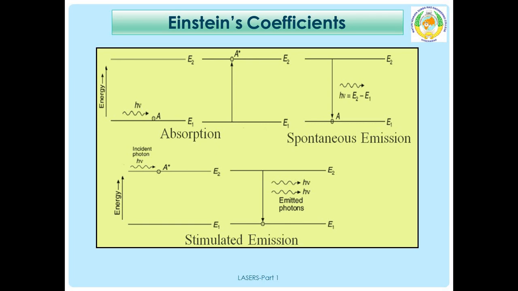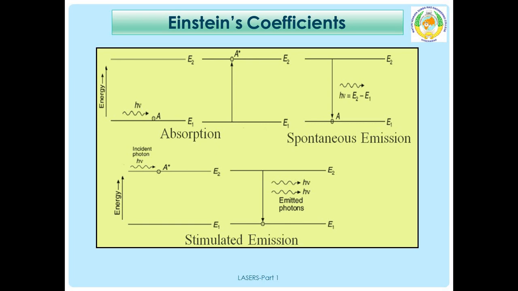And also we have understood the different phenomena that occur when matter interacts with radiation, like induced absorption, spontaneous emission and stimulated emission. So with this knowledge we will get into understanding what Einstein's coefficients are, and the relation between them we will derive. So we have three phenomena.